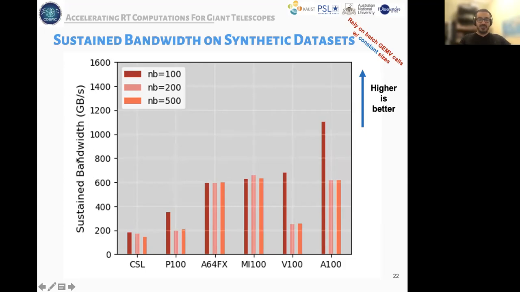So since we report sustained bandwidth, the higher, the better. As far as A64FX, we get almost 600 gigabytes per second. This is regardless of the tile size being used. And we can see we get similar performance on MI100 as well as V100 from NVIDIA. However, the A100 NVIDIA GPU gets the most performance, beyond 1 terabyte per second, for a tile size of NB equal 100.